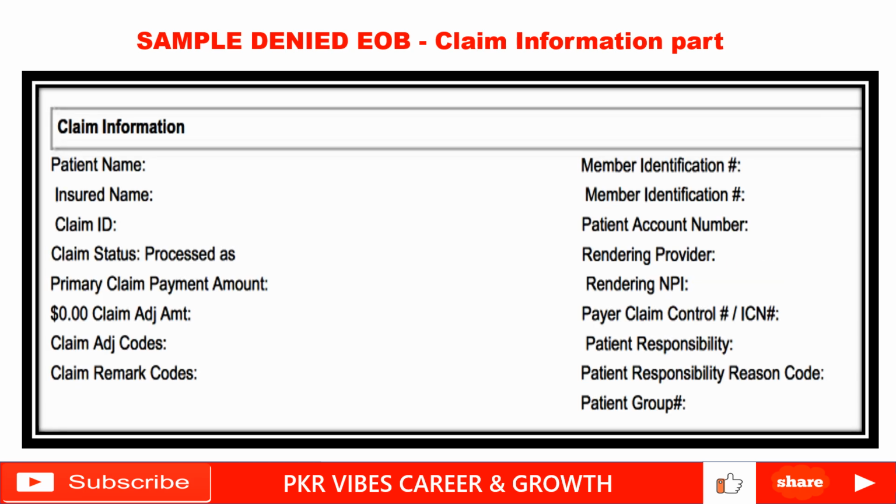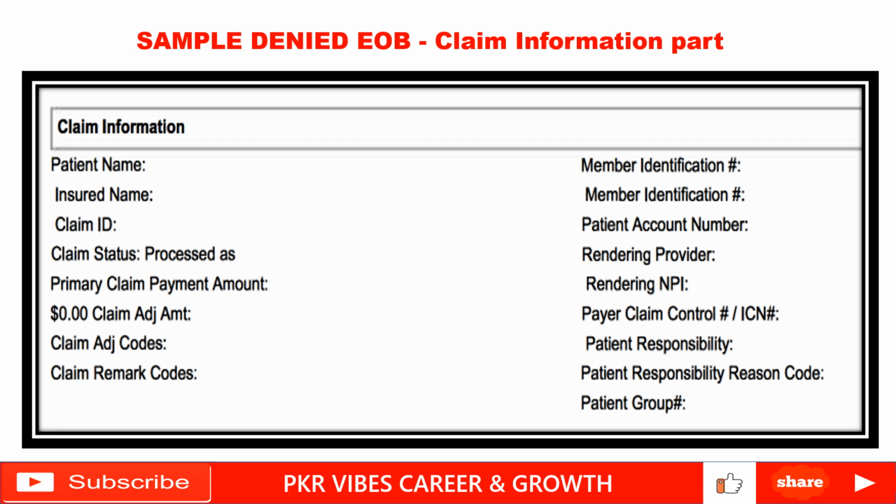Okay, now we will discuss the sample denied EOB claim information part. What kind of details do we have in the denied EOB claim information? The patient name and insured name, and the claim ID.